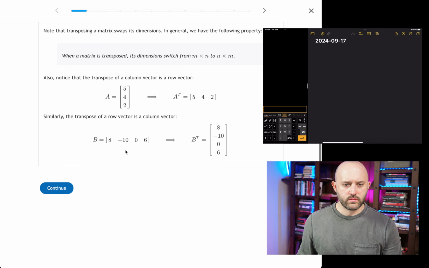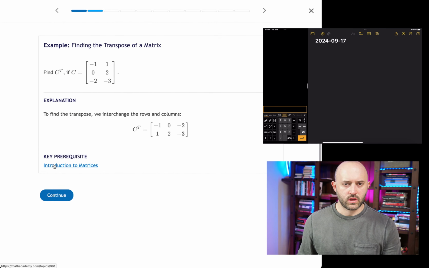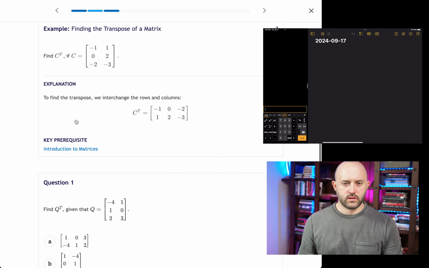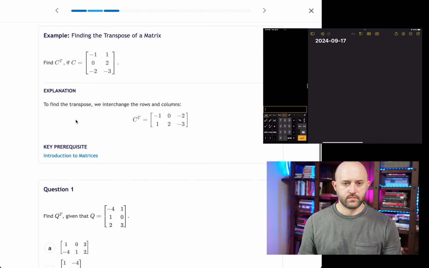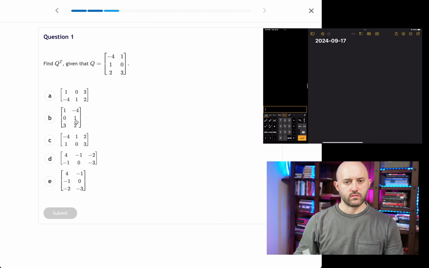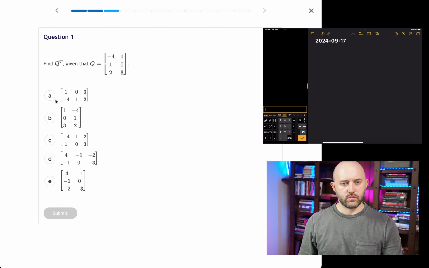It switches. Yep, okay. Find the transpose of that. Okay, I think I get this. So it's just a kind of rotation that way. So I'm just going to go 1, 0, 3, minus 4, 1, 2.